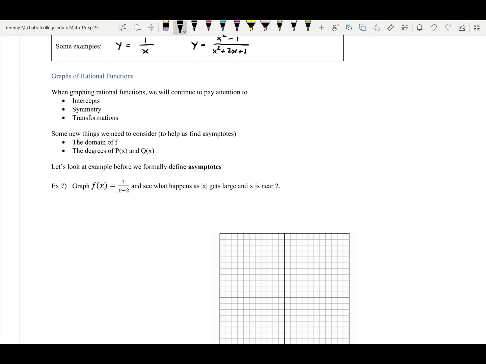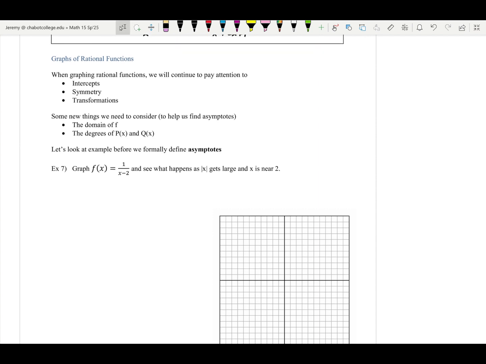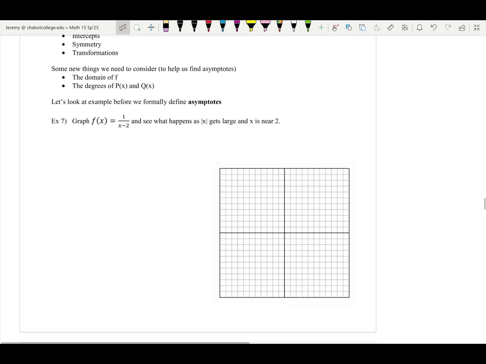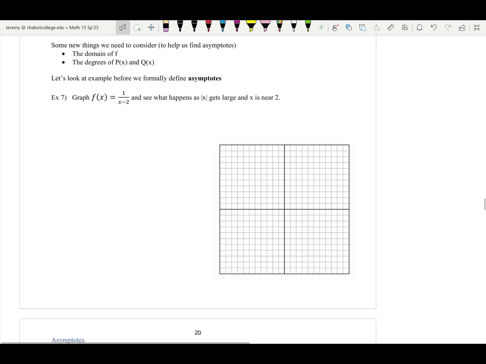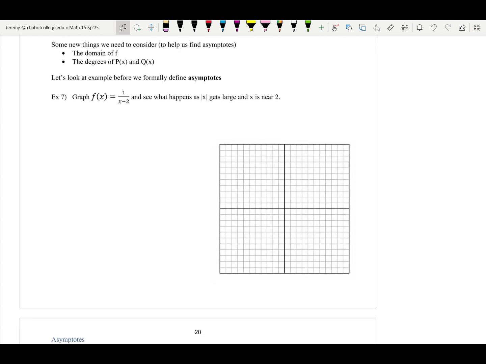We also look at things like the domain of f, so finding the zeros of the denominator, finding the degrees of the numerator and denominator will help us get some information about asymptotes, so horizontal asymptotes. Okay, and we also have vertical asymptotes. Those are going to relate to the zeros of the denominator. So let's jump into some examples. Just a simple one to start out with, and then we'll talk about asymptotes in a little more detail.